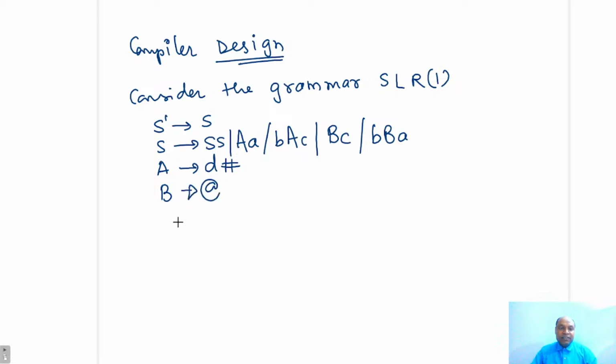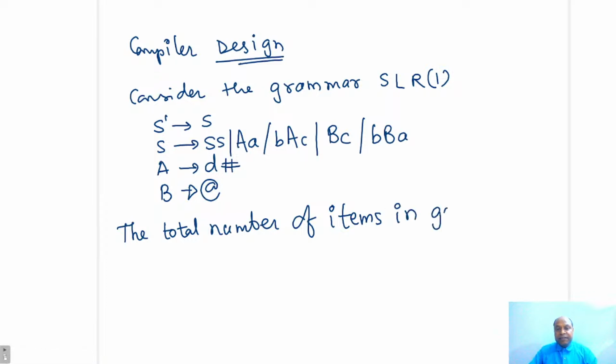Now we need to identify the total number of items in goto of I0 comma S. This particular question was of numerical answer type.